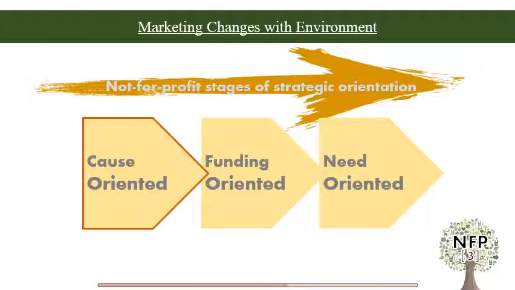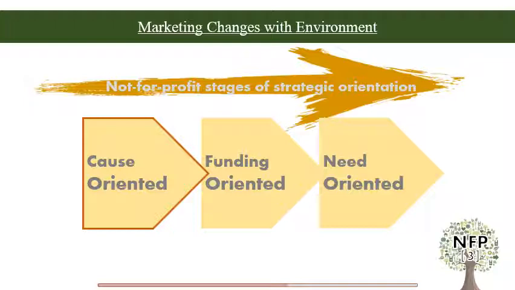So in effect, not-for-profit marketers have to fight a war on two fronts, on the front of the benefactor and on the front of the beneficiary. They have to establish the services and provision that are necessary to support their identified beneficiaries' needs, and they also have to develop a strategy for raising funds from a different group of stakeholders in order to deliver the money to attend to the recipient's needs.